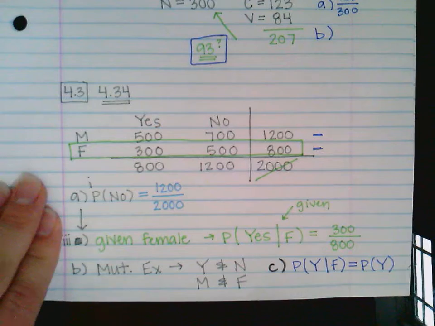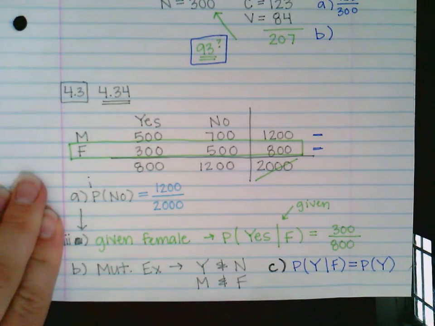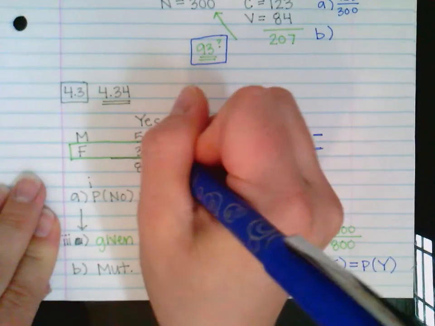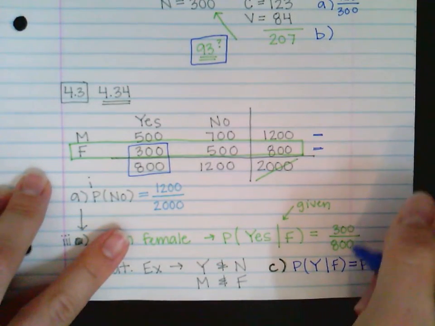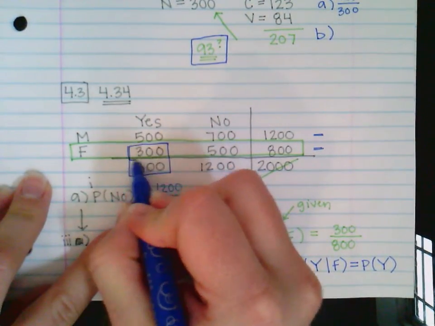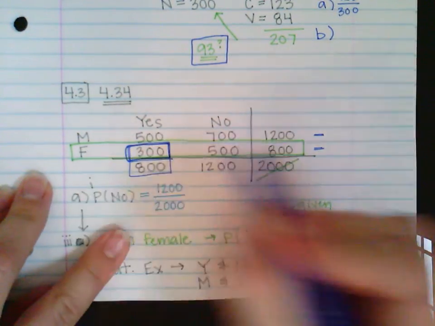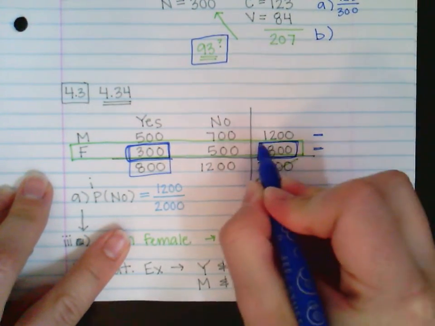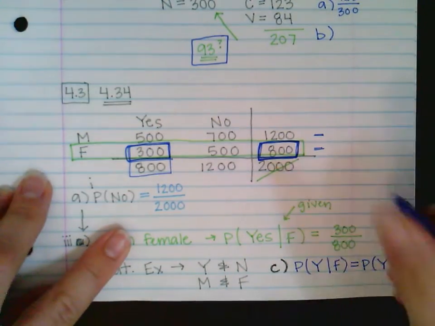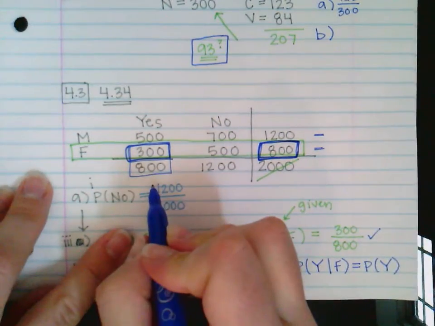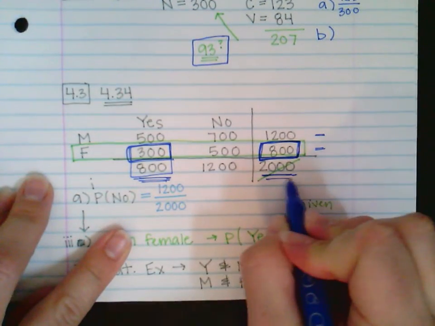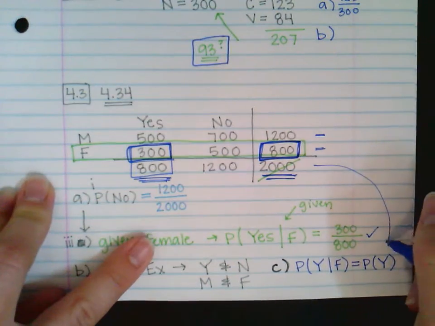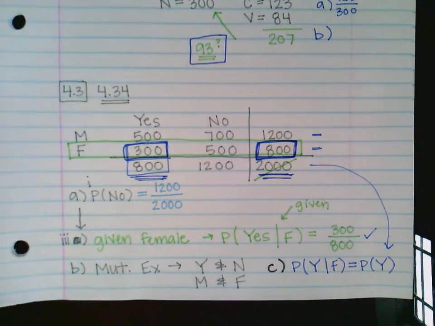The proportion of yes should be the same no matter what, and it should match the overall proportion, okay? So if you use 300 out of 800 for that probability of yes given female, oh sorry, it actually should go this way. Oops, I'm sorry. 300 out of 800. Okay, for this probability here, is that the same proportionally as just yes out of the total? And that's how you're going to answer independence.